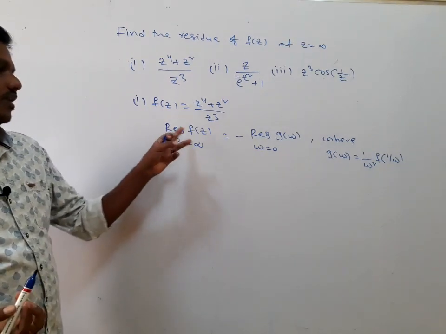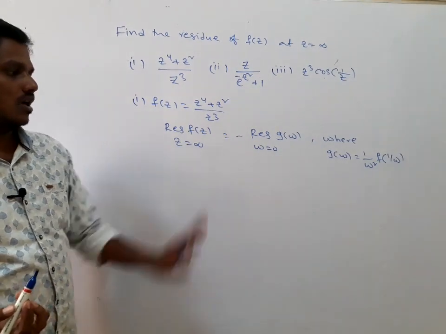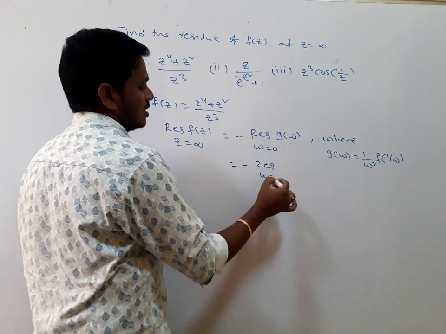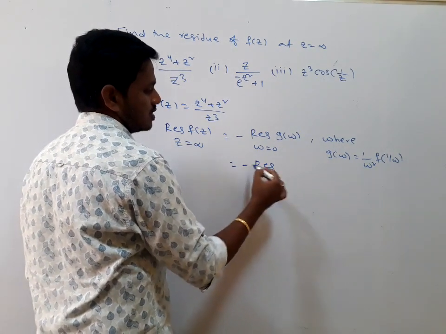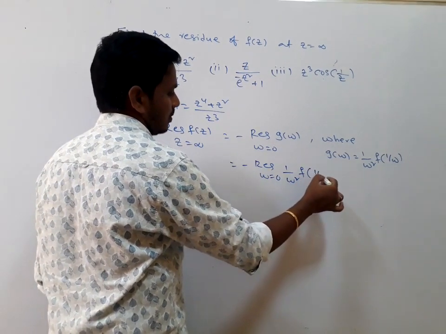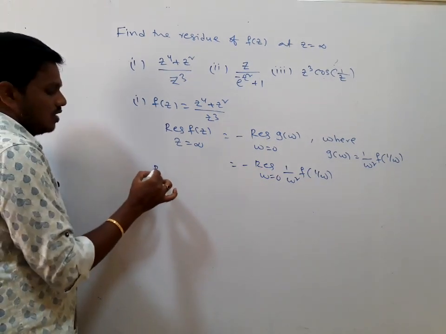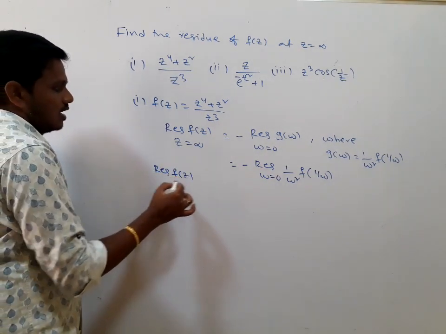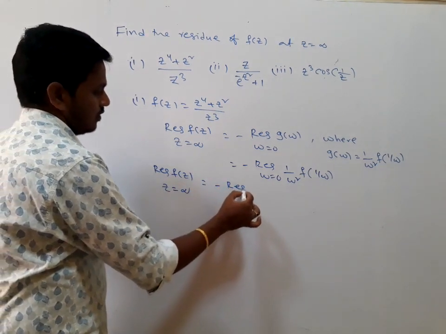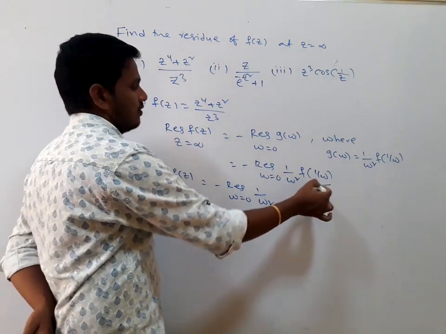So the residue of f(z) at z = infinity is minus the residue at w = 0 of (1/w^2) f(1/w).